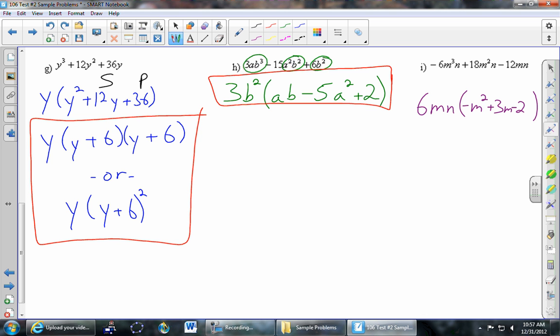Now, if we can factor the thing in the parentheses further, it's our obligation to do so. It doesn't look so great to me because there's a negative in front of the m squared. I always like my squared term to have a positive. Over here, this was a positive y squared, so I could do my normal product sum factoring. So how about we do this? Instead of taking out a 6mn, let's take out a negative 6mn.